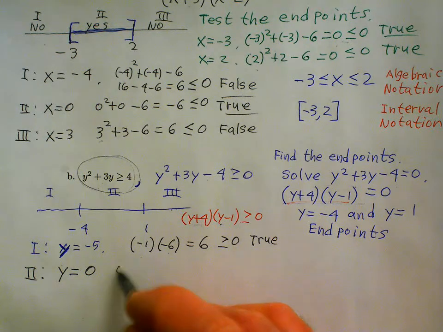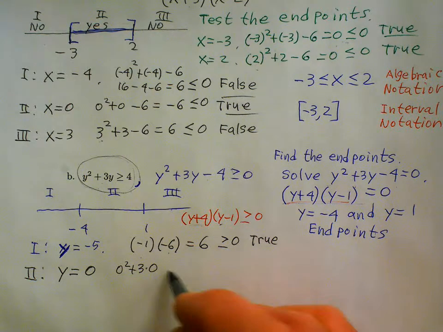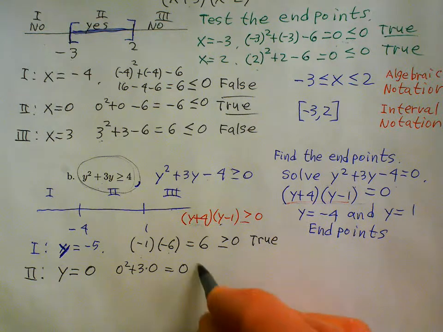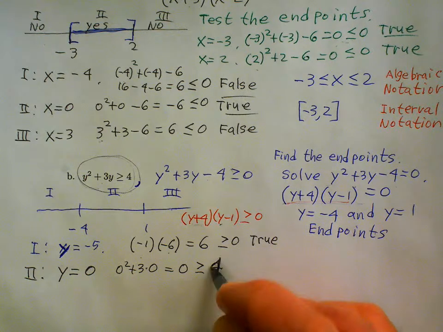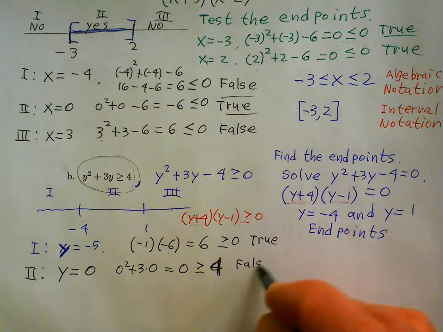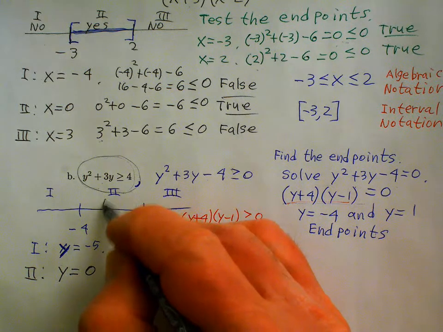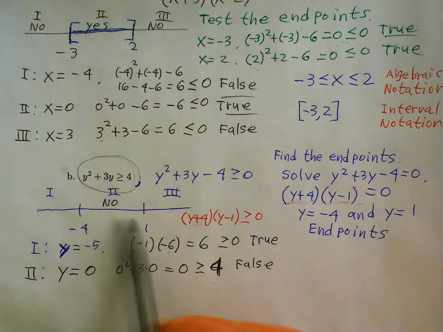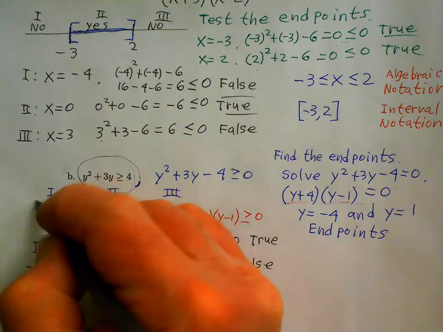We get 0 squared plus 3 times 0, which is 0. The inequality is 0 greater than or equal to 4, which is false. So none of the numbers in the second interval are solutions. Every number in the left interval is a solution.